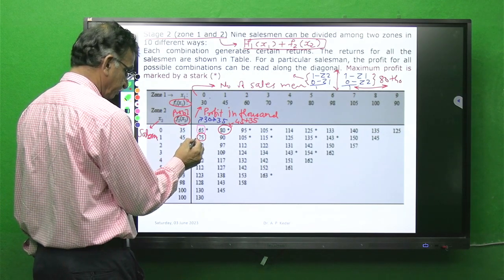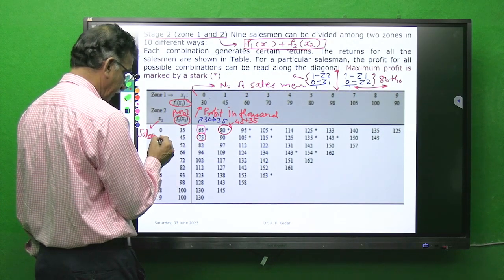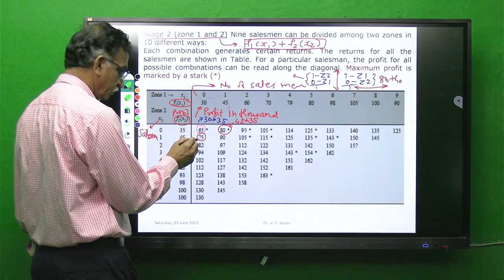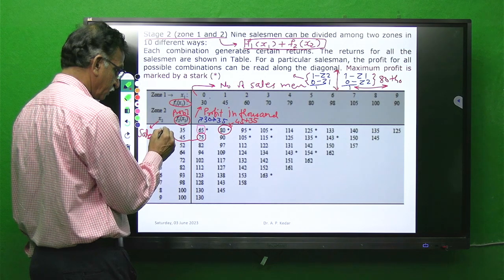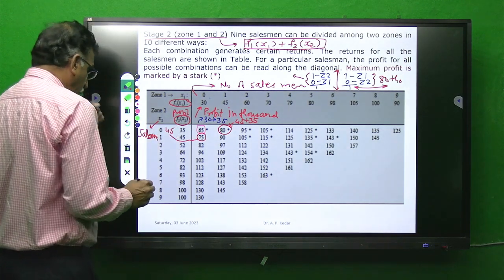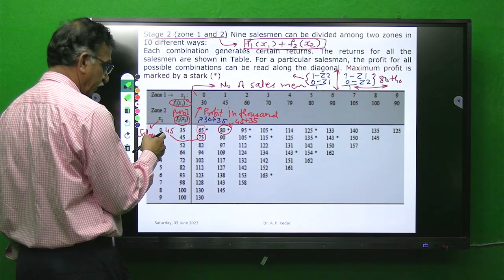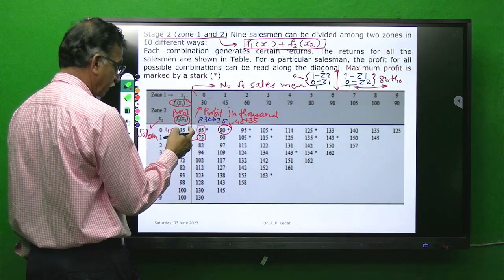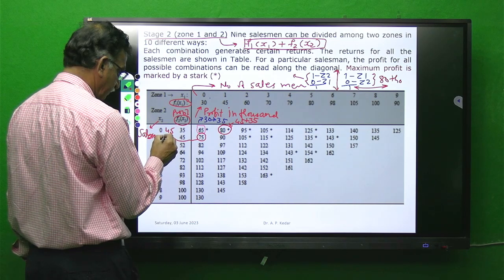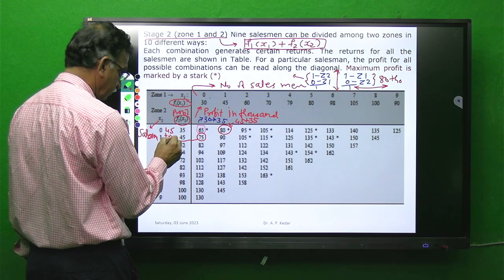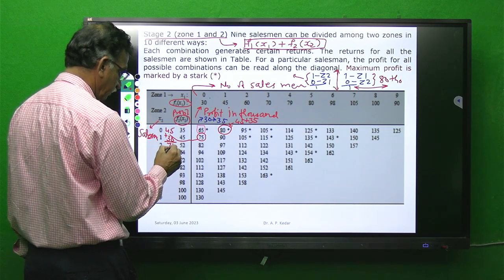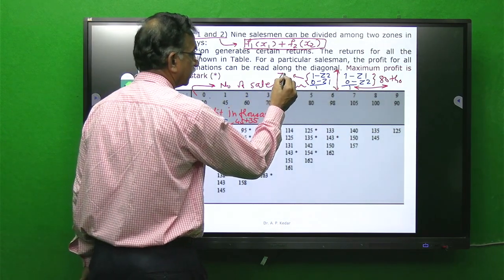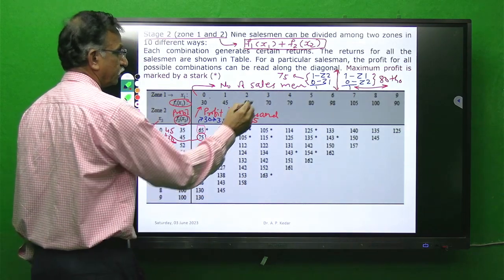This value is obtained by deputing one salesman with 45, so here this is 45 by allocating one salesman to zone 2, and if I allocate 0 salesman, it gives a return of 30,000. So total is 75. So ultimately what I get here? 75,000.